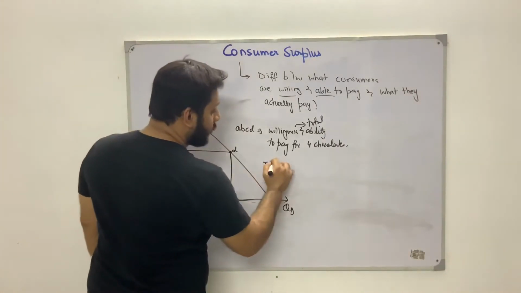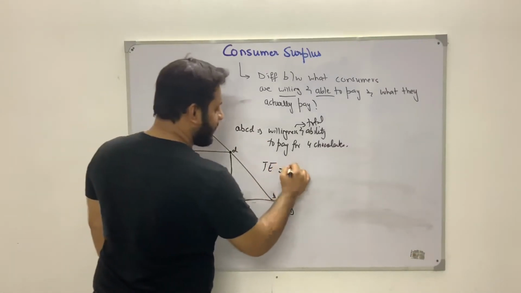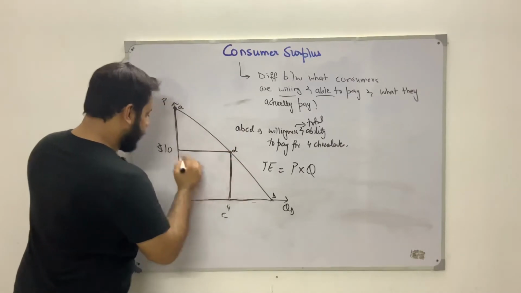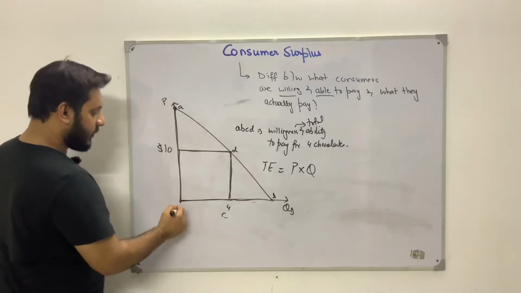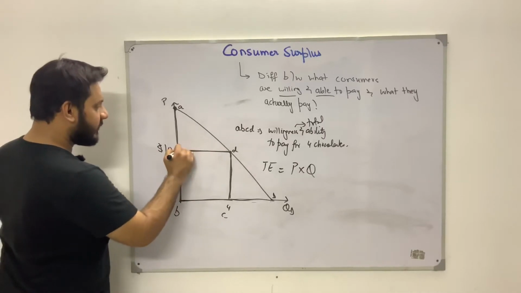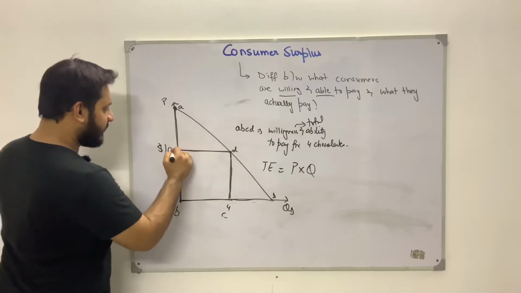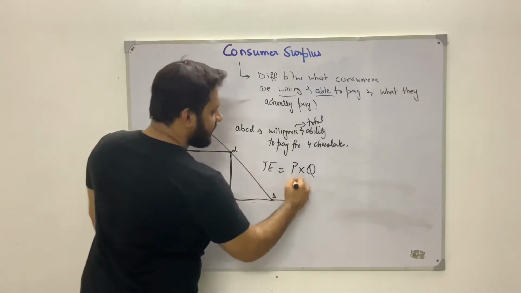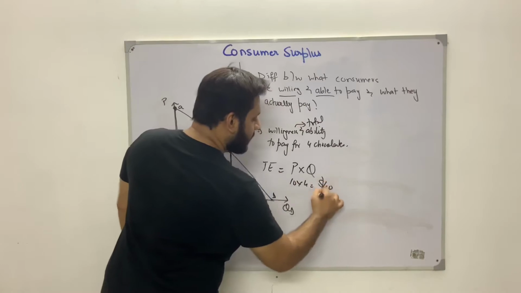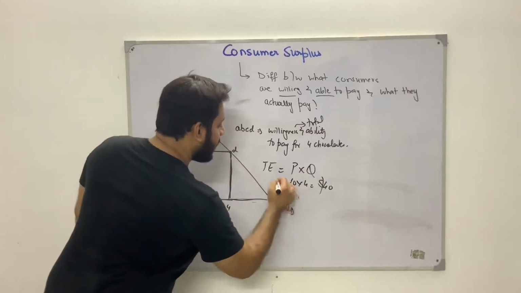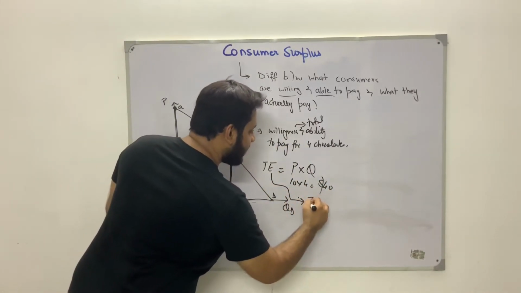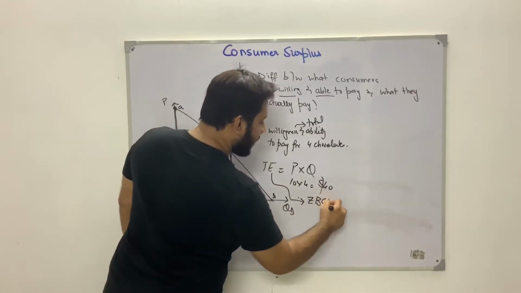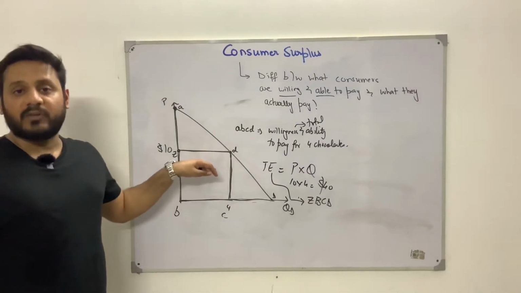That is his total expenditure on these 4 chocolates, P times Q, and that is this entire rectangle, right? I'm going to call this Z, so Z, B, C and D. By the way, this is just $40, but since I'm writing alphabets here, the total expenditure is area Z, B, C and D.